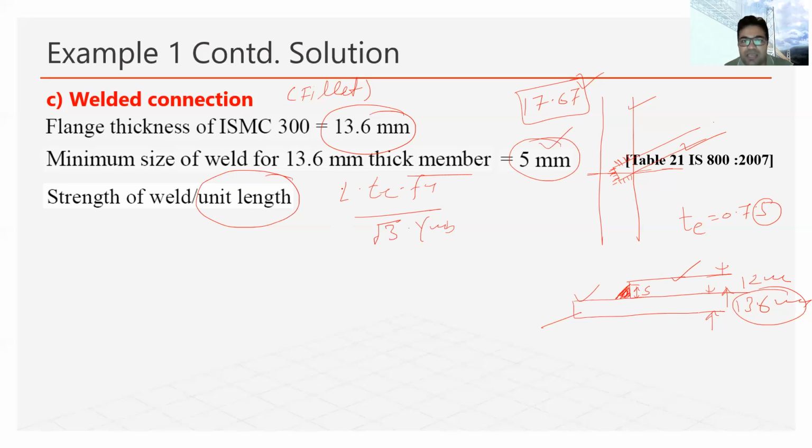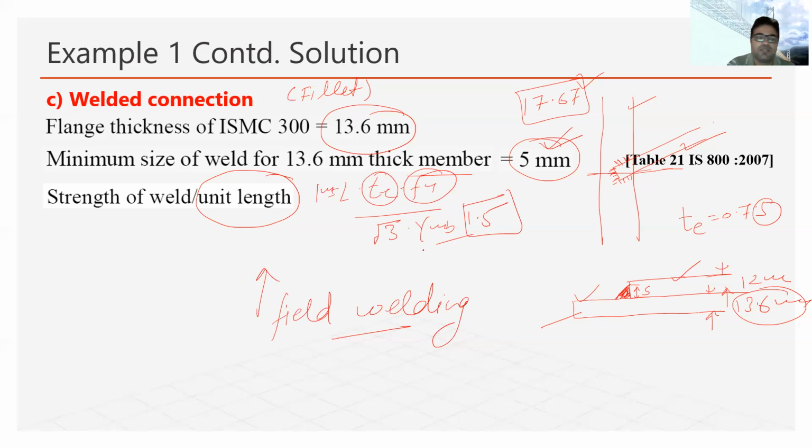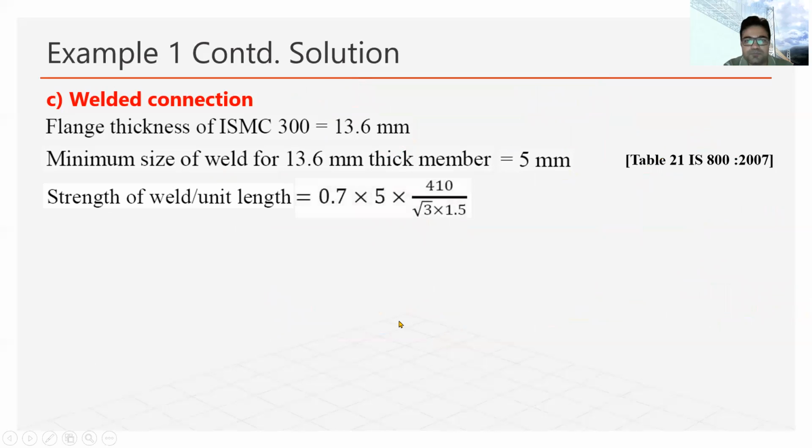If I put L equal to 1 mm, then the throat thickness will be 0.7 times the size of weld, and the FU value we already know is 410. For gamma MB, we will assume it is field welding, and in case of field welding the gamma MB value will be 1.5. Based on that, now I am showing the formula.